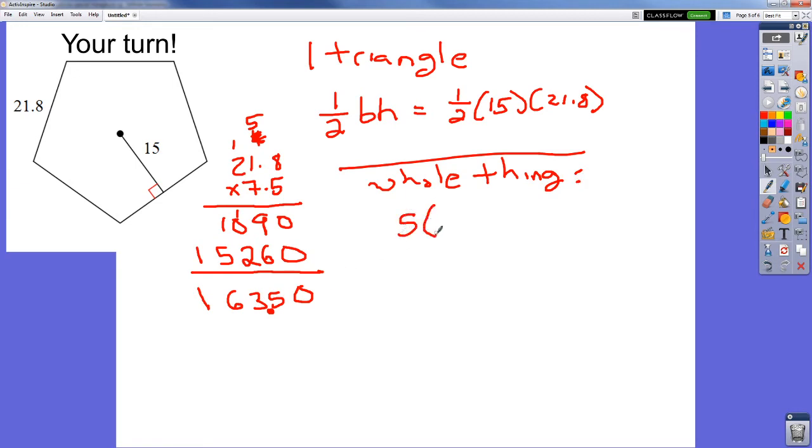5 times 163.5. I don't need the 0 anymore. The 0 is just there to make sure that the decimal point went in the right spot, and I'm just going to multiply by 5 here.